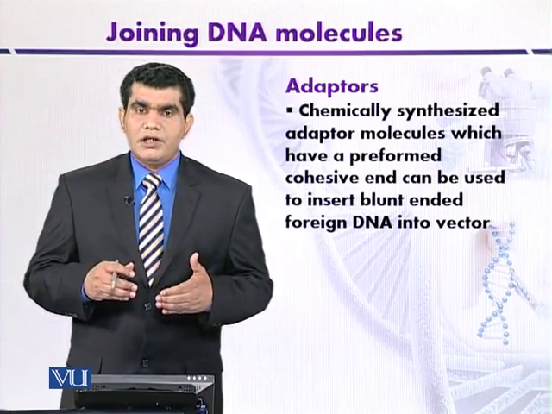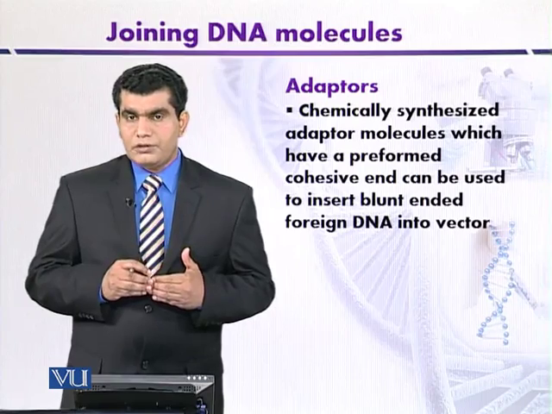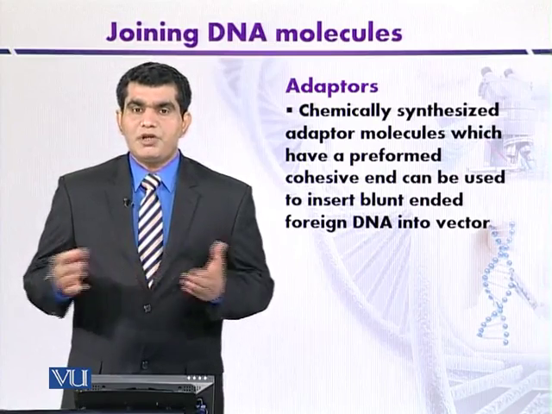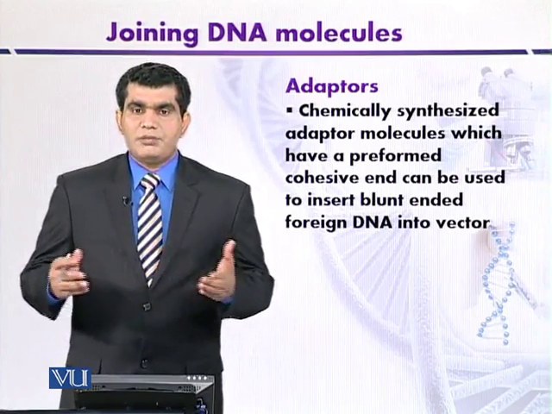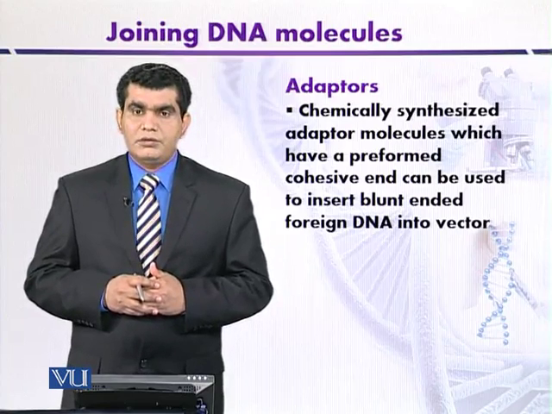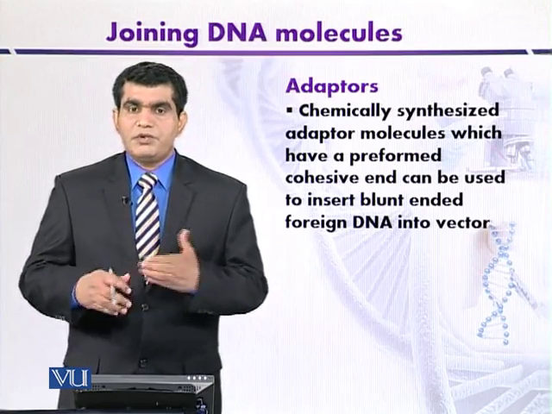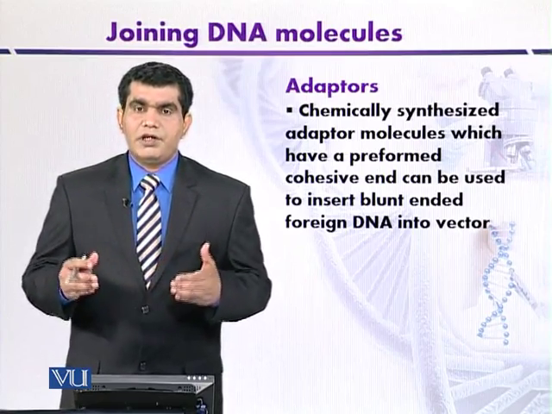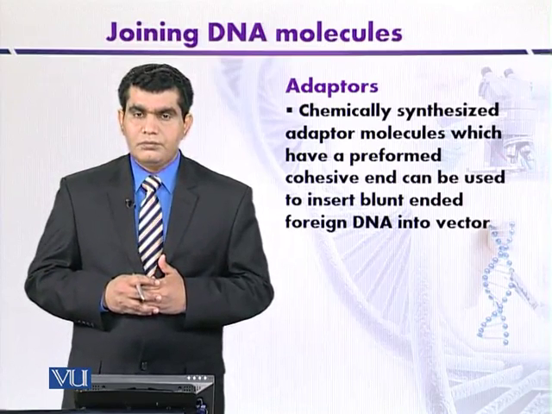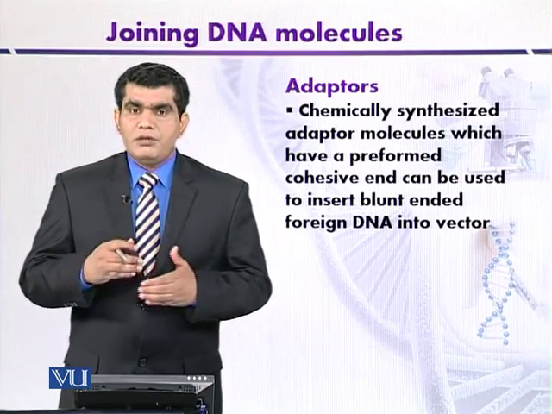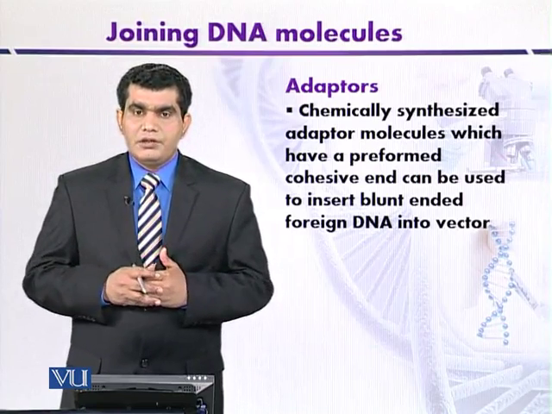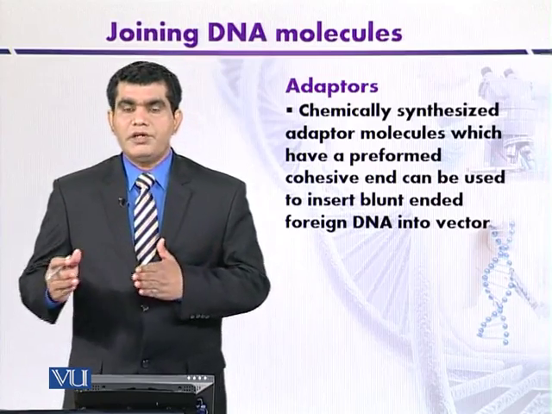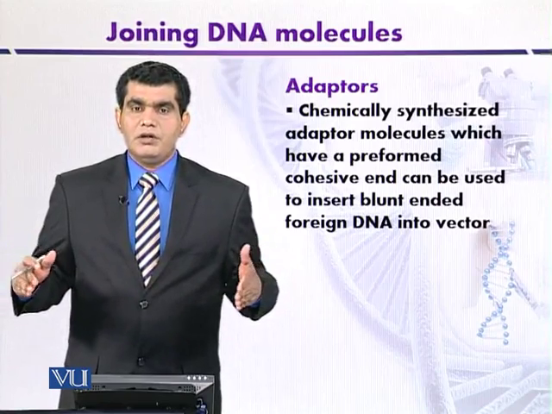The advantage is that when phosphate is not present on the cohesive end, then 2 or 3 or 4 or a mixture of adapter molecules will not be able to ligate with each other. So the removal of phosphate will prevent the self ligation of the adapter molecules. So we will mix these adapters with foreign DNA. One end in the adapter is blunt and the foreign DNA or the source DNA also has blunt ends.